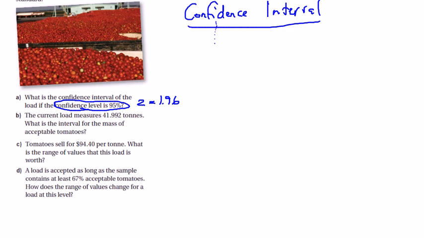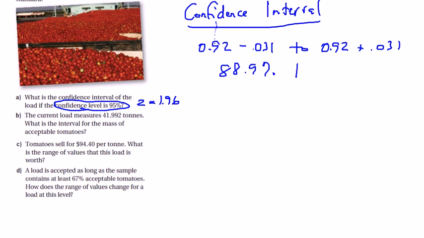So basically we're going to do 0.92 minus 0.031 at the low end, 92% plus 3.1 at the high end, and that works out to 88.9% to 95.1%. Or another way of saying it would be 92 plus or minus 3.1%.